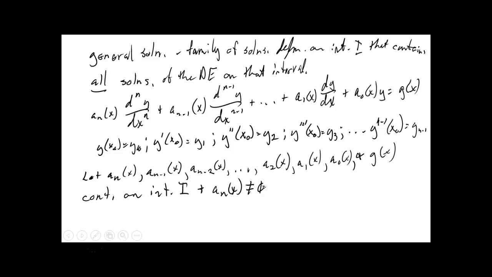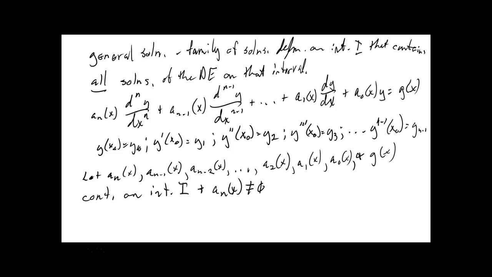Any guesses why a sub n of x can't be 0? If that were 0, this term would be 0, and then it wouldn't be an nth order differential equation. It would be an n minus 1 order differential equation. So for this to be an nth order differential equation, that one can't be 0. All the others could be, but this one can't.